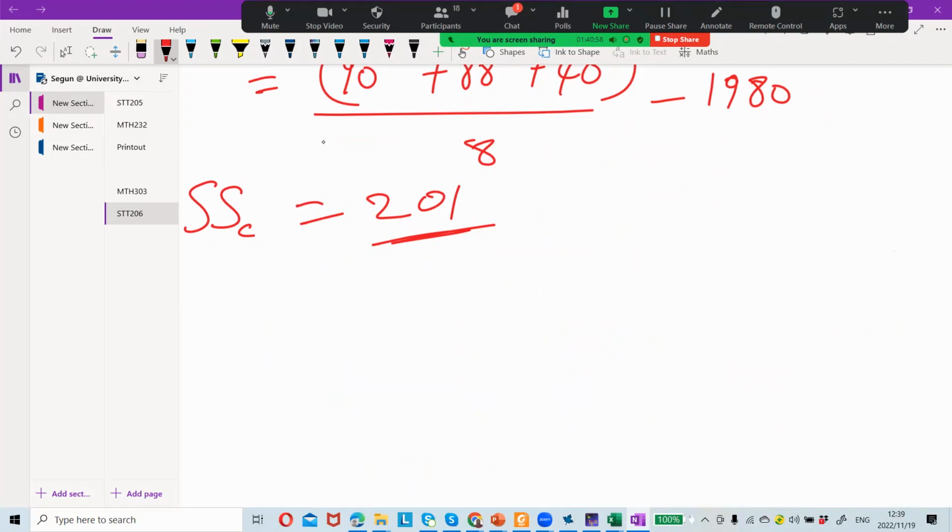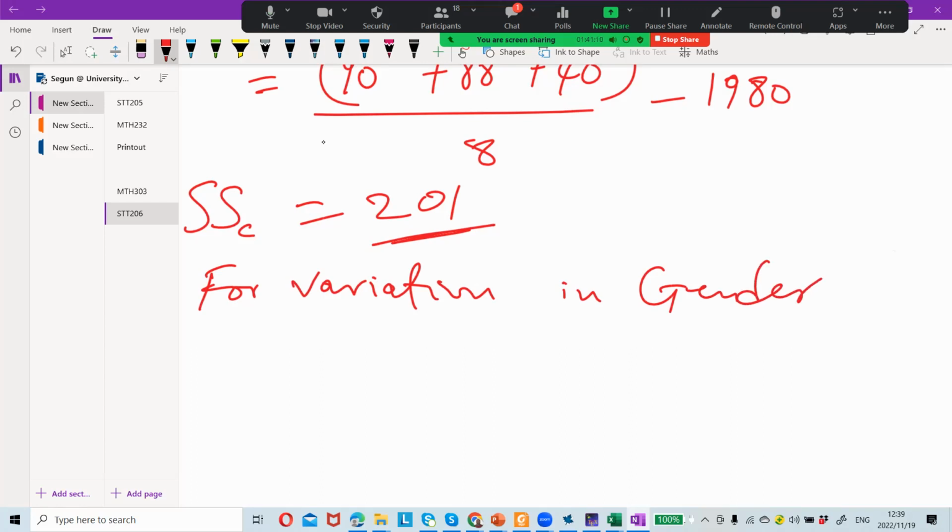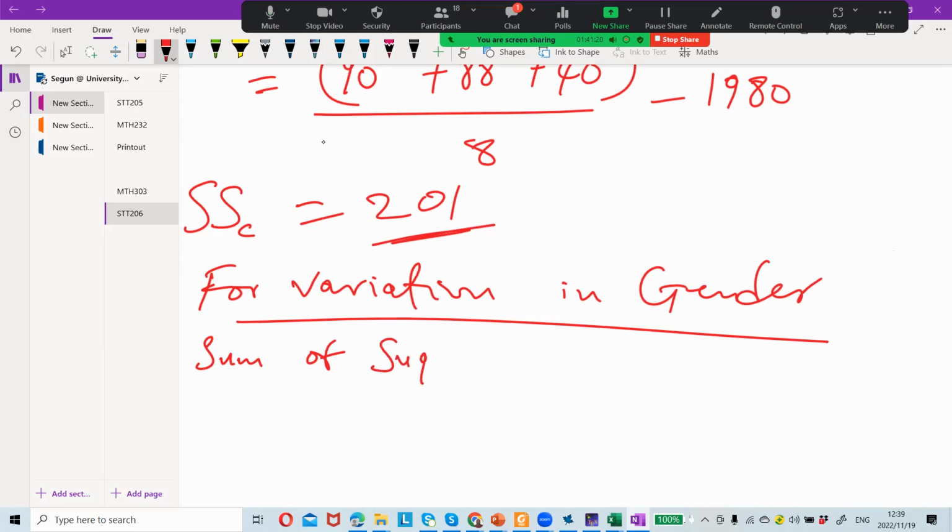So the second one, we now want to do the one of gender. For variation in gender now, we have sum of square of row, which is SSR.